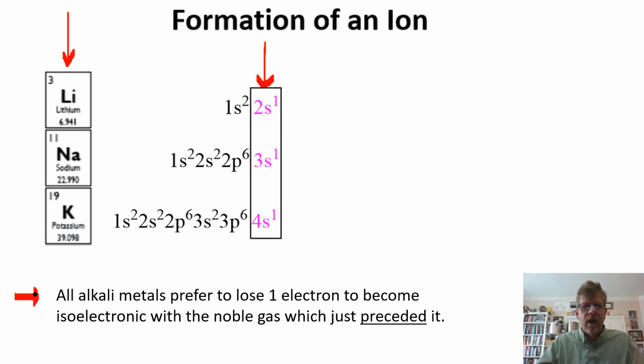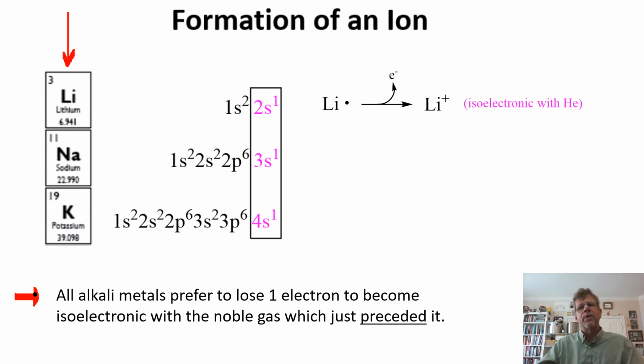Let's look at this. Lithium. Here is our electron configuration. If I lost this valence electron, what would I be isoelectronic with? Well, that is the electron configuration of helium. Great, that's a noble gas. Let's be isoelectronic with it.